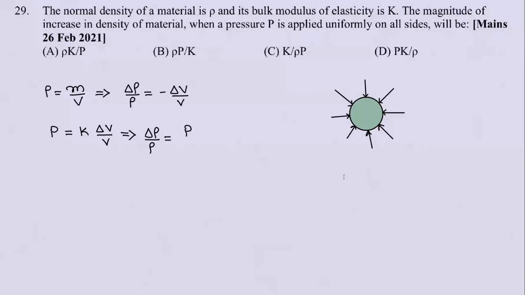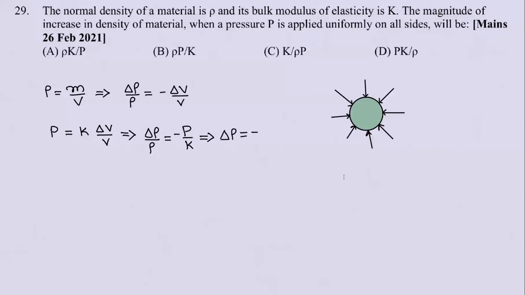Okay. So now, sir, minus sign. The symbol P and rho look alike, right? This is P. That implies the minus sign will be there as it is.